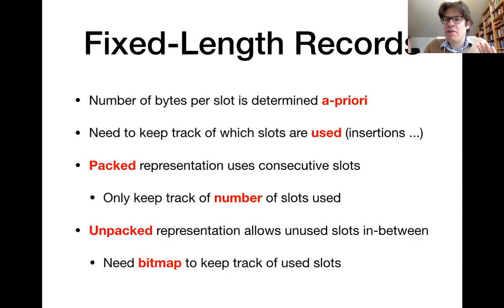If you are considering different relations, different tables in your database, then the size of those slots might vary. But as long as we fix the relation, the number of bytes per slot are fixed and can be stored in the database catalog. So that makes a couple of things easier.